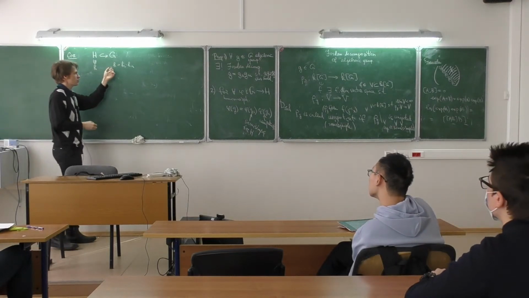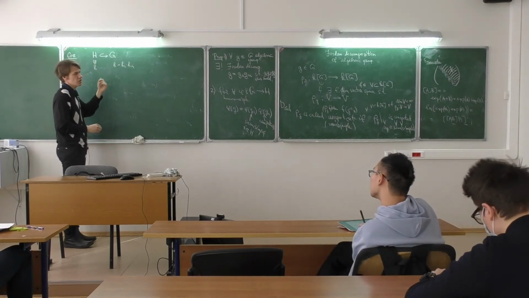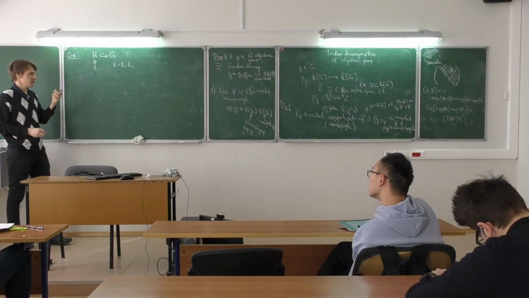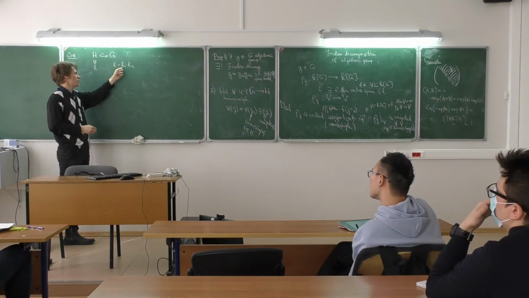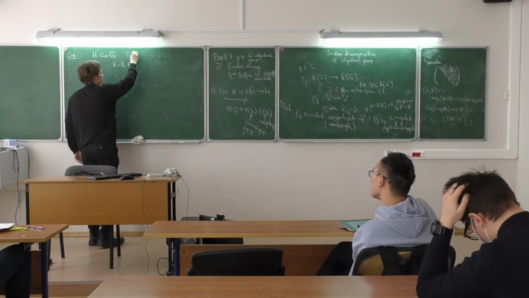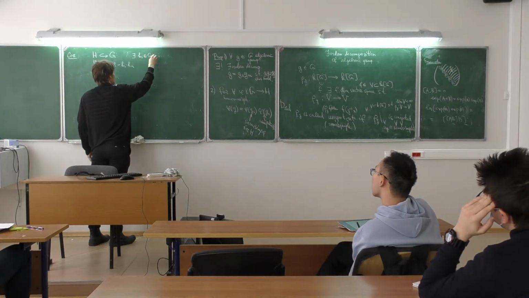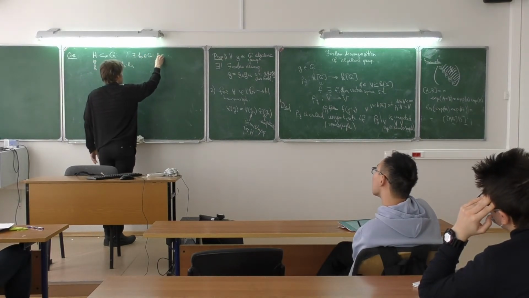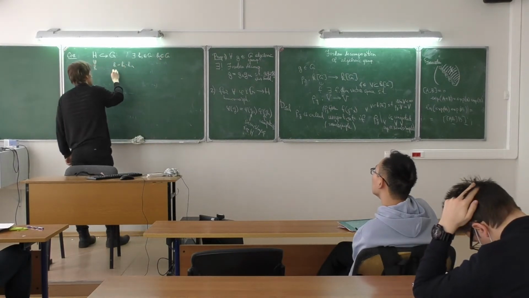Then you can decompose h into the semi-simple part and unipotent part. But nobody guarantees that the semi-simple part of h, just as an element of G, will belong to the subgroup H. So nobody guarantees.